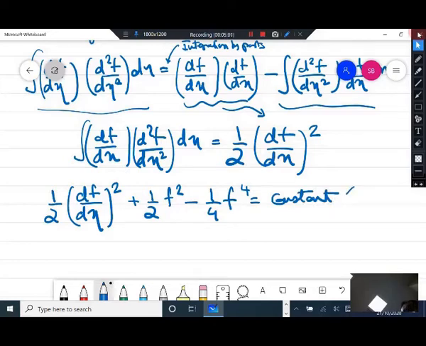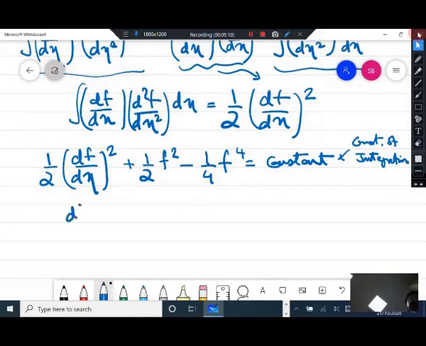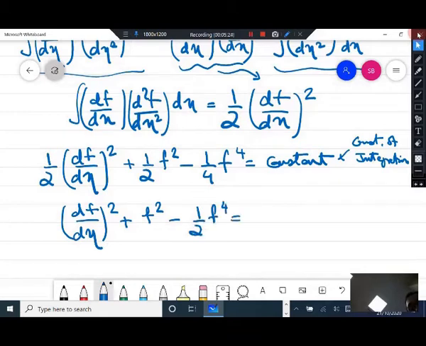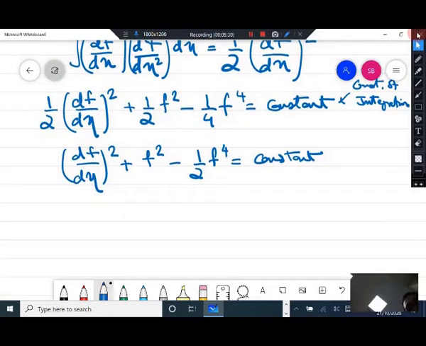This is the constant of integration. Or, df by d eta the whole square plus f square minus half f raised to 4 is equal to a constant. Now we put boundary conditions.